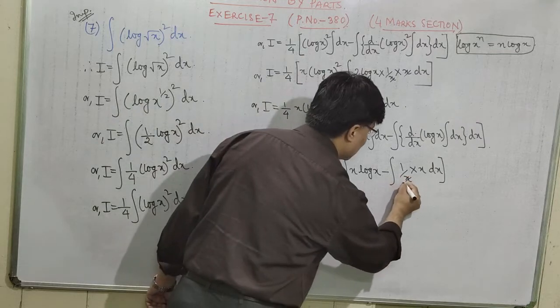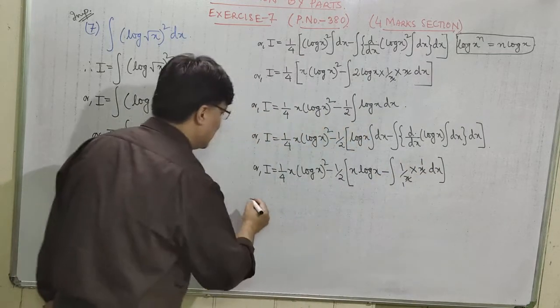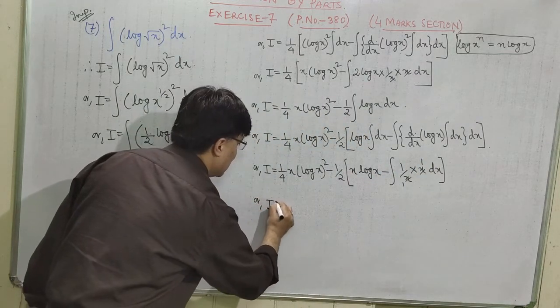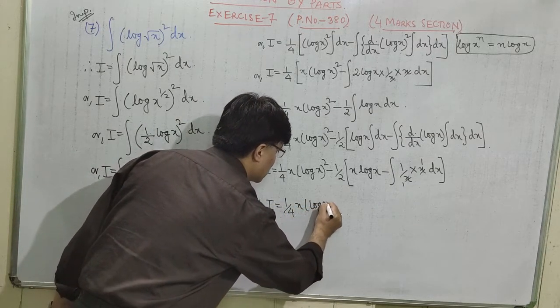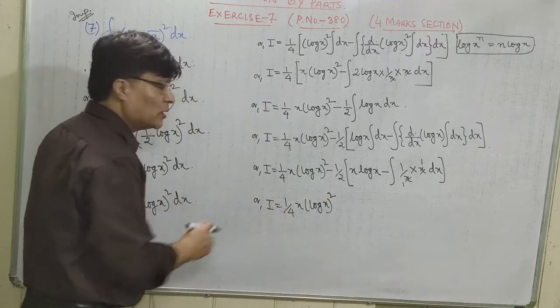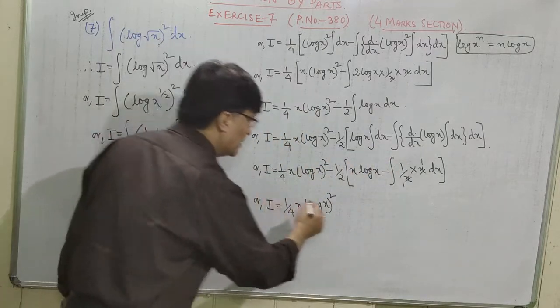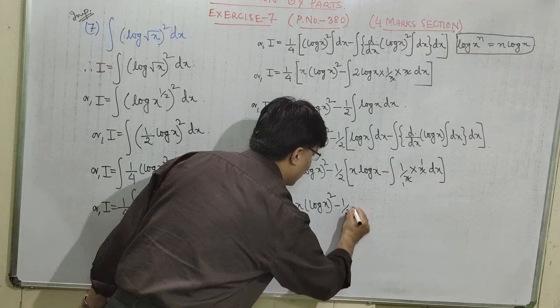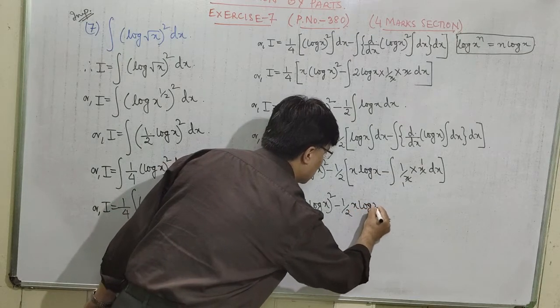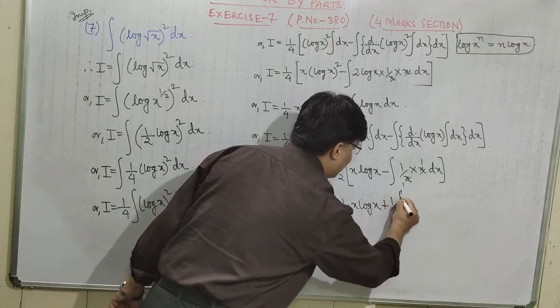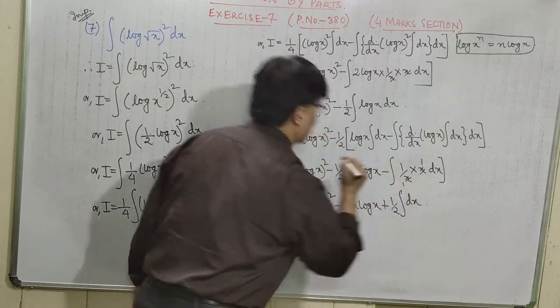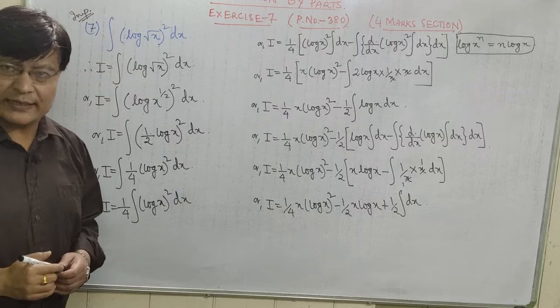So here you can cancel this, x gets cancelled, that is 1, or I is equal to 1/4 x into (log x) whole square. So let us multiply by minus half here. So it is minus half x log x, right? So minus into minus is plus, this is half integral dx. Is that clear?